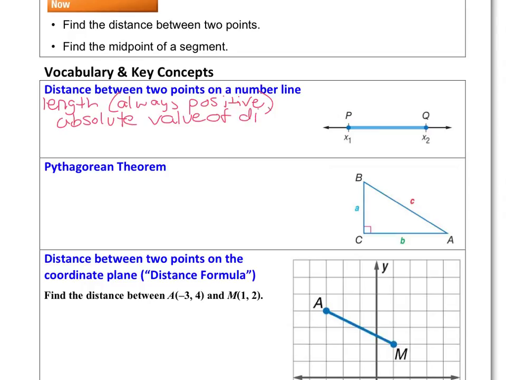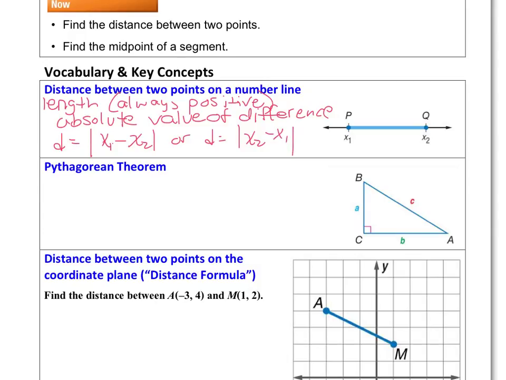And that way, whatever the number is, we would always get a positive number. So here, the distance, I'll say d equals the absolute value of x sub 1 minus x sub 2, or you can represent it just as easily as x sub 2 minus x sub 1 and its absolute value.